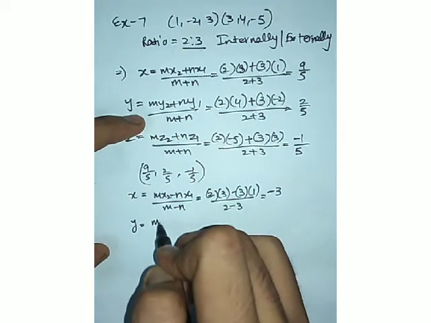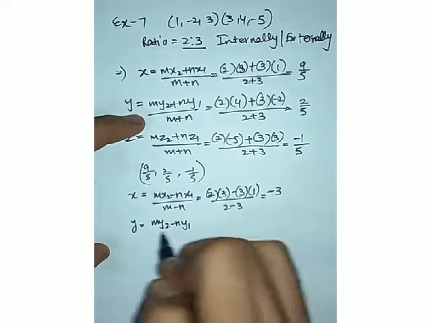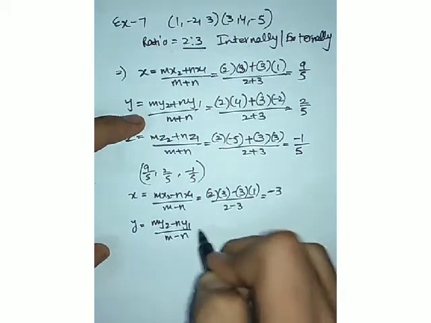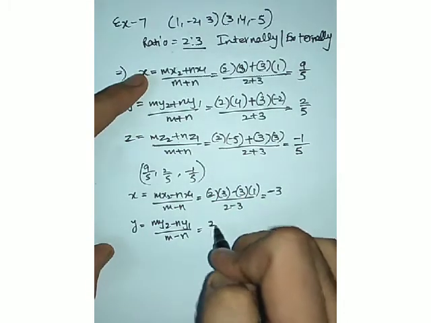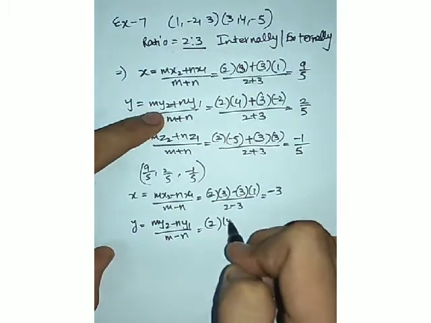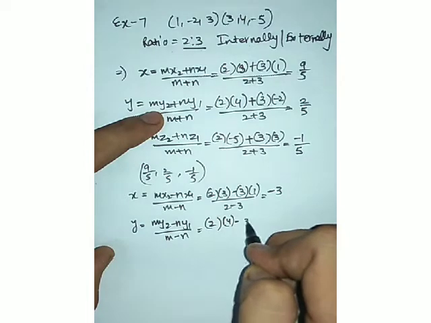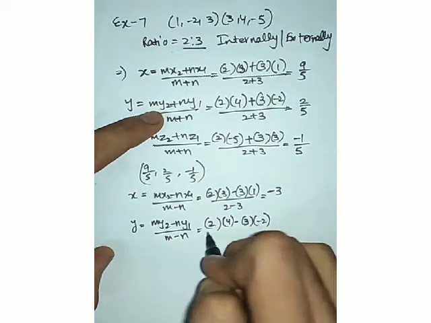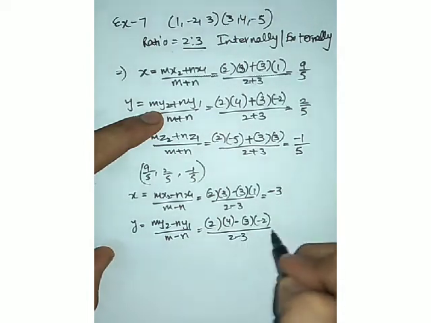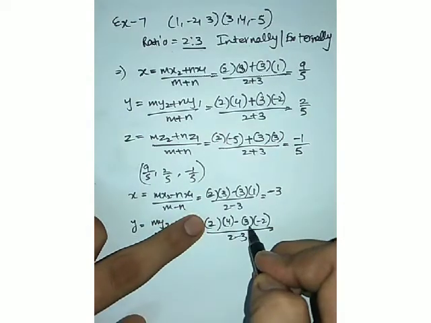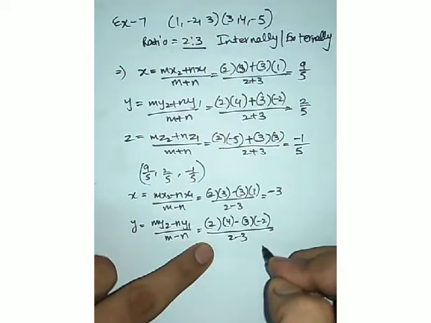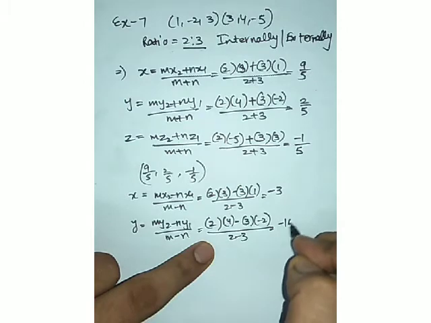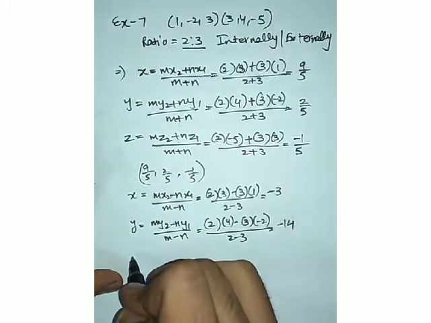So my2 minus ny1 upon m minus n. What is m? That is 2, and y2 is 4, minus n y1 is minus 2, divided by 2 minus 3. This is 8 plus 6, that is 14, and minus 1 in the denominator, so minus 14 will be the y coordinate.